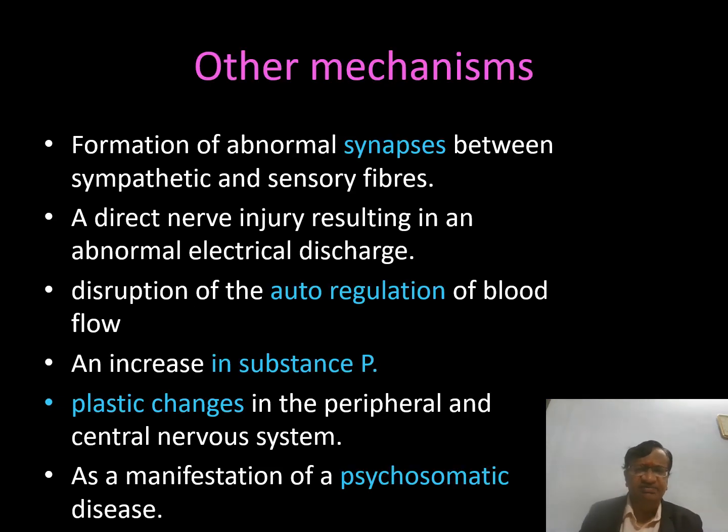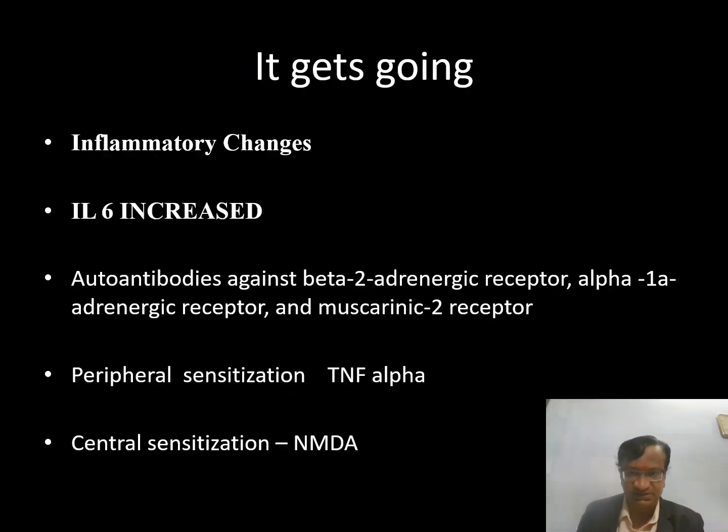There are a lot of other mechanisms like abnormal synapses, disruption of autoregulation of blood flow, substance P, all these things are enlarged, sensitization, peripheral and central, manifestation of psychosomatic or emotional. That is what I told why some patients. Abnormal coupling in a patient who is emotionally aroused, where there is a genetic susceptibility, there is central and peripheral sensitization occurs. So these patients go into CRPS.